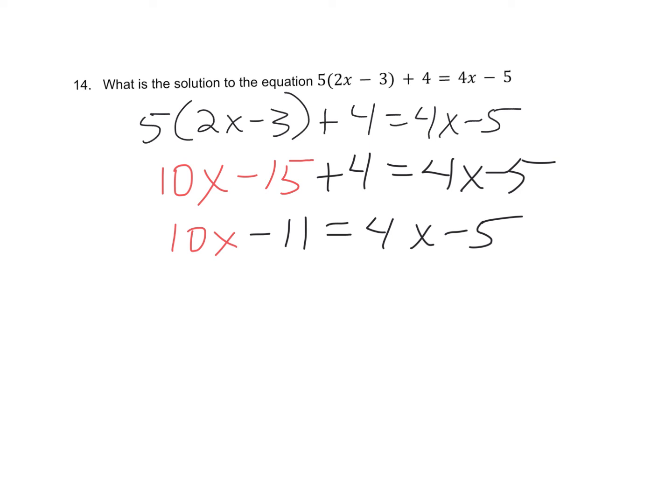So if we continue working this, I'm going to add 11 so that we can basically cancel it out on this side. But I have to also add 11 to this side. Now, we're not adding it to the 4x. We're adding it to the negative 5. So now my equation says 10x equals 4x, and then negative 5 plus 11 is plus 6.